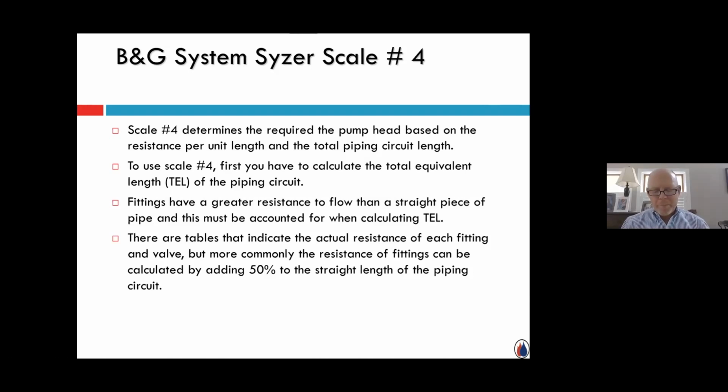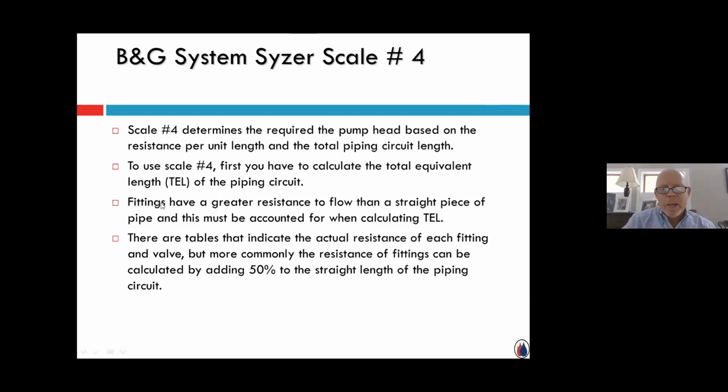And so it was used to calculate total pressure drop based on your total length of run. It determines the required pump head based on the resistance per unit length, as well as what we refer to as TEL.